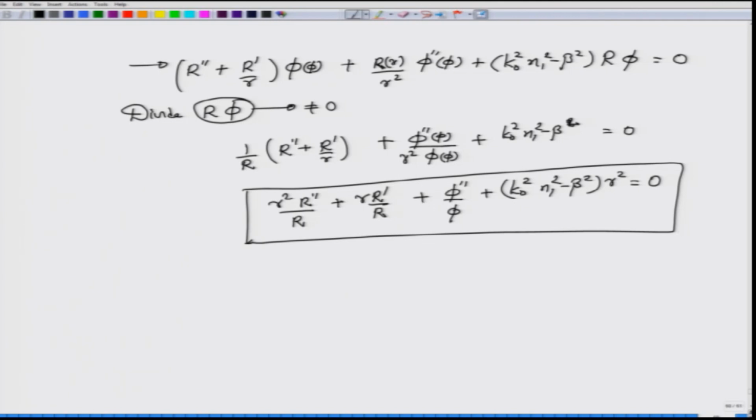It turns out that this equation can be solved relatively easily, at least for the phi case, but in order to solve this equation in terms of small r, that is the r dependence, you need to know something called Bessel functions. So, before we go to the solution of these equations, when you have some time, brush up your Bessel functions, at least look at how the Bessel functions of different kinds and different orders look like.